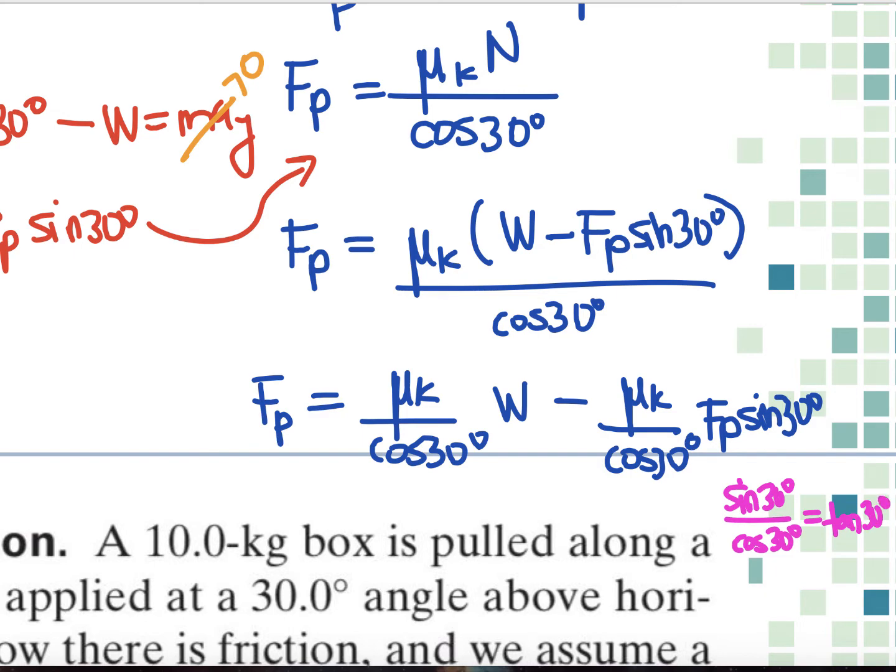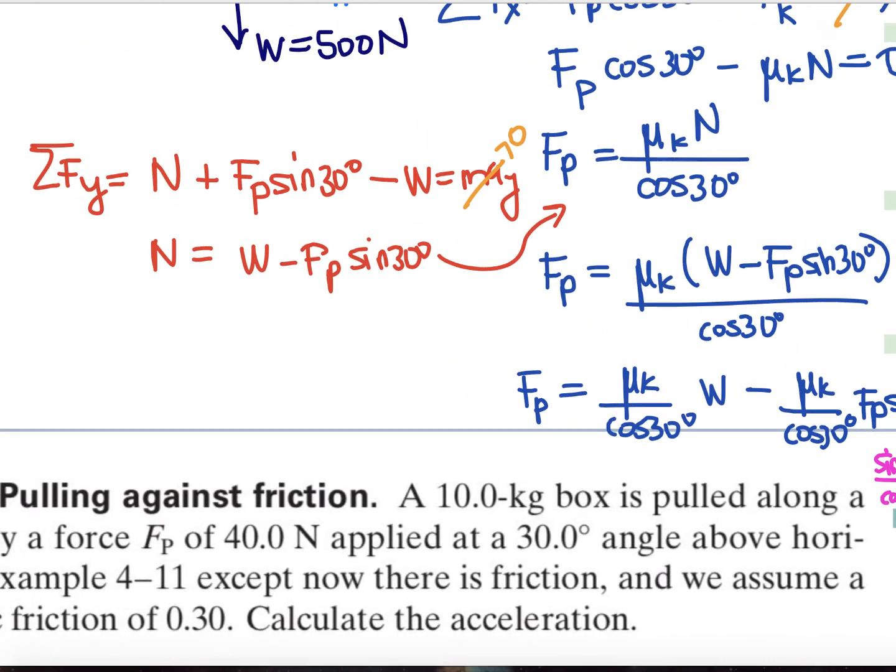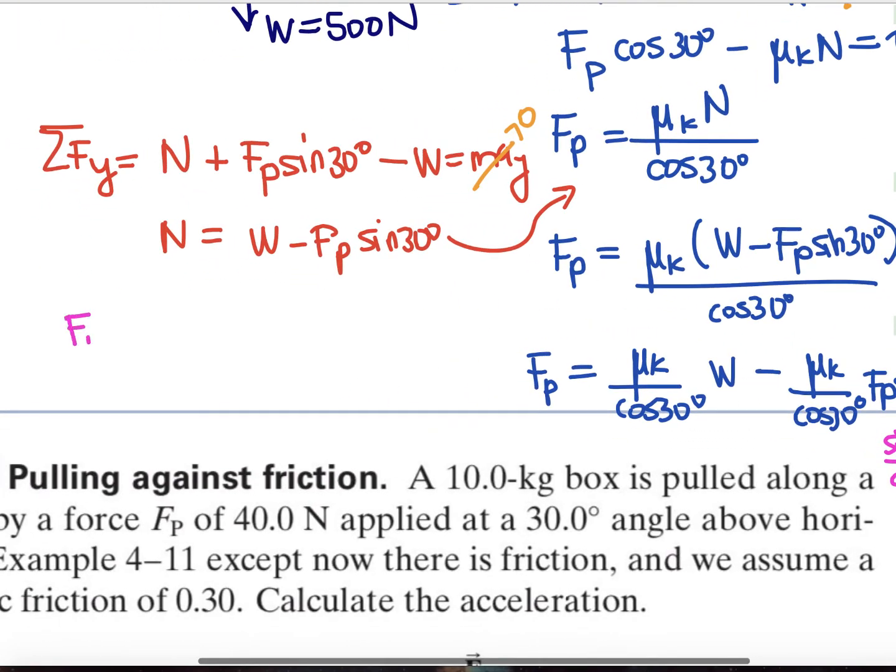So what that allows us to do is take this, and it is ugly, and what we now have is FP is equal to mu k over cosine 30. I'm actually going to start substituting so we can get rid of some of these variables.